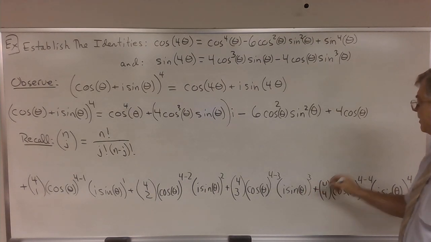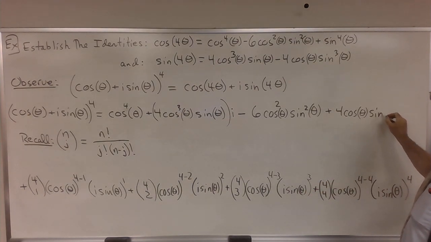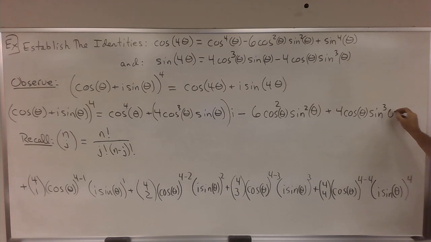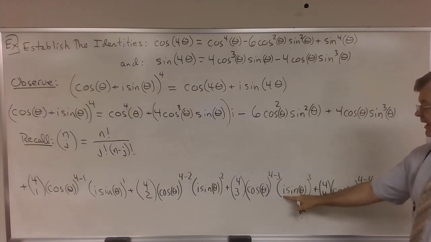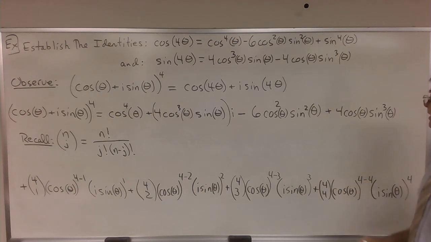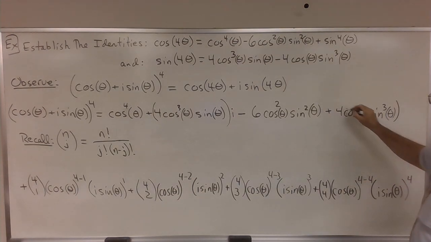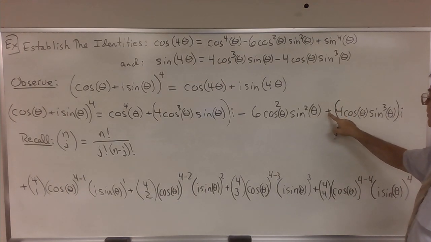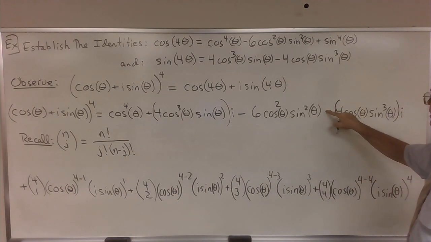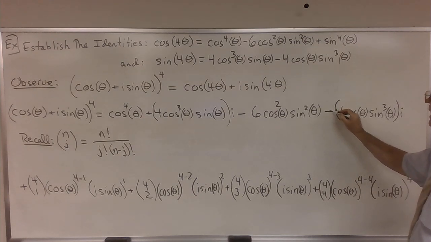And sine theta cubed, that's sine cubed theta. Now I have to cube i. i squared is -1, so i cubed is i squared times i, or negative i. So I'm going to put an i here. And for the negative, I'm just going to change that plus sign to a minus.